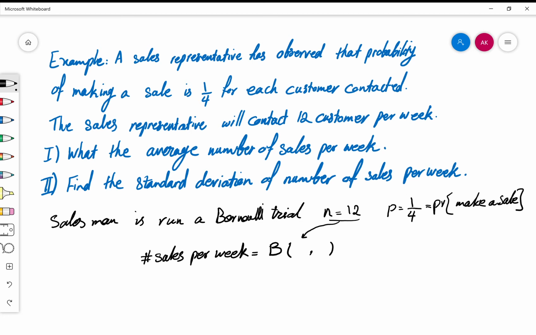The number of trials goes to the first input, and the chance of success, here the probability that the sale will happen, goes to the second one. So the number of sales per week is a binomial random variable, B(12, 1/4).